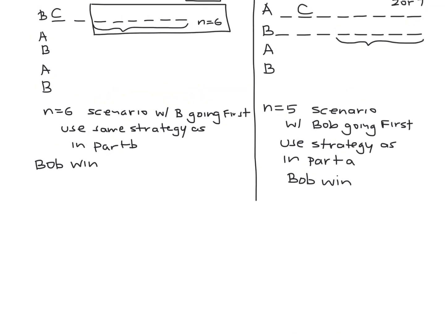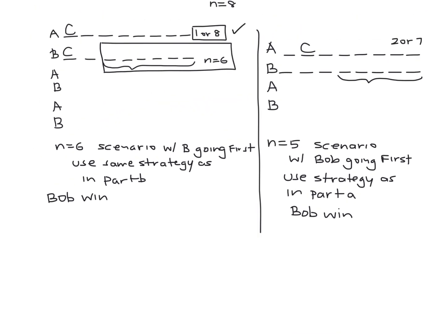Okay, so we've taken care of the 1 and 8, the 2 and the 7. Now we still have to talk about the other spots, which are 3, 4, 5, 6. Okay, we can do that. So let's say we have 1, 2, 3, 4, 5, 6, 7, 8. Let's say Alice puts the first coin in slot 3 this time.